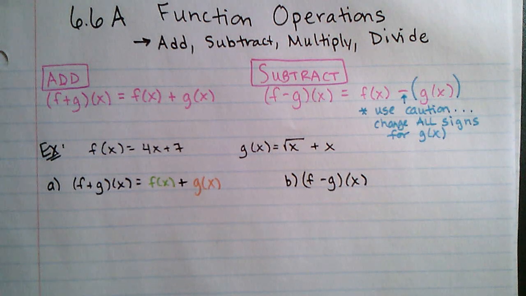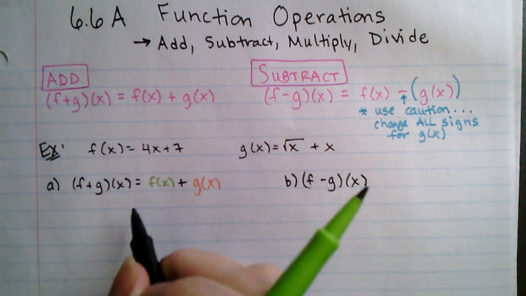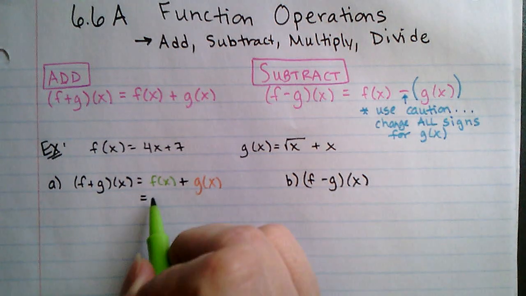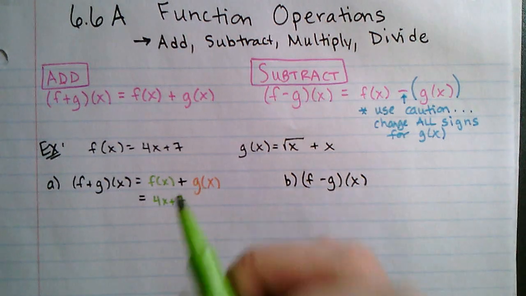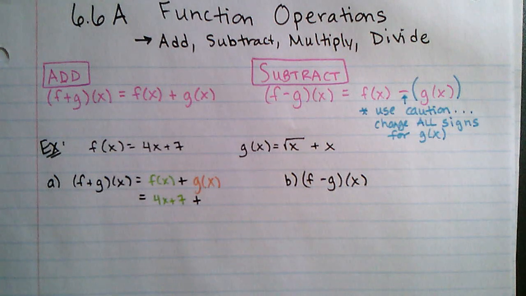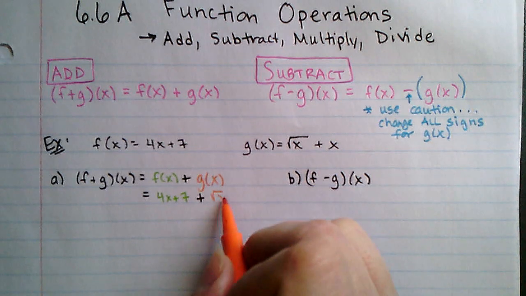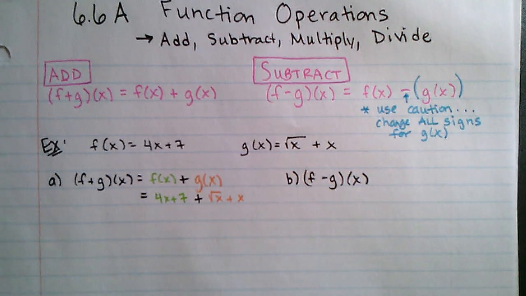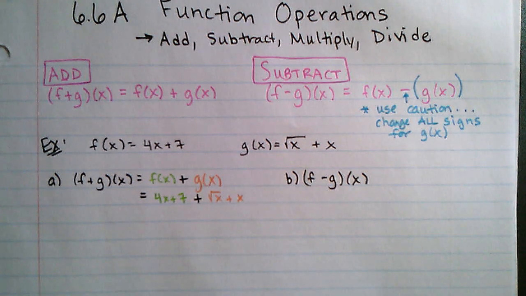So my function that is f of x is 4x plus 7. So this is going to be equal to 4x plus 7, that's f of x, plus the square root of x plus x, that is g of x.